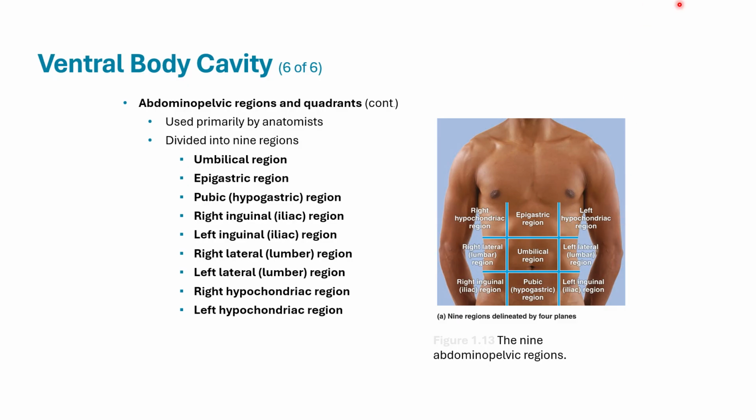Between the 2 transverse planes, the 3 regions are the right lateral lumbar region, the umbilical region in the center, and the left lateral lumbar region, right in here. Below the inferior transverse plane, the 3 regions are the right inguinal iliac region, the pubic or hypogastric region in the center, and the left inguinal iliac region.